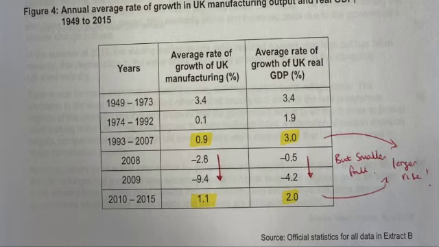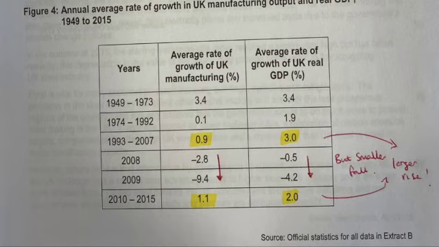And then finally, I've got figure 4. Now, figure 4, I'm not a massive fan of this data, if I'm being honest. I don't really like how the years have been set out. So again, for example, 1949 to 1973, and then all of a sudden you've got 2008 and 2009. So it's looking at 1 year then, and then it's looking at a pretty big range in previous rows.